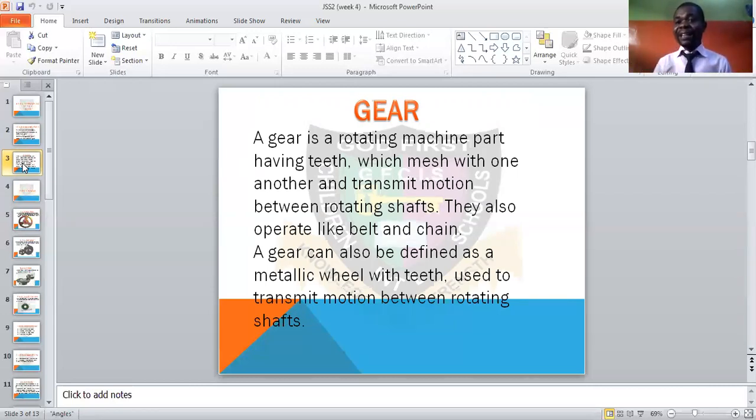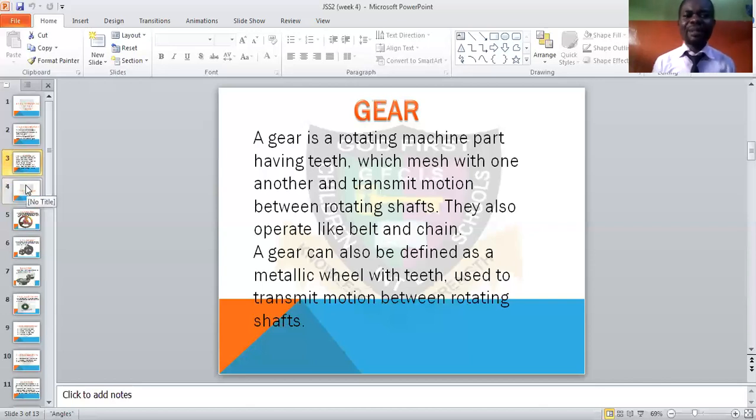That's why I say it operates like belt and chain, or belt drive and chain drive, as you may call it. It has teeth, not like the pulley. I think I've shown you in your previous work the flat belt and pulley. But a gear has teeth, a metallic wheel with teeth. That is the gear itself.